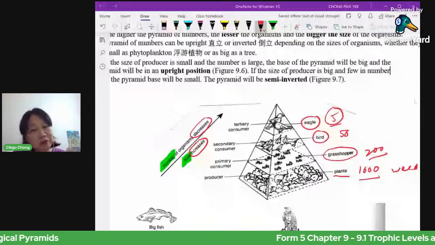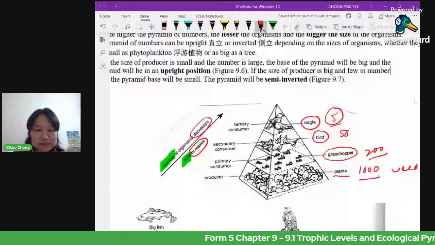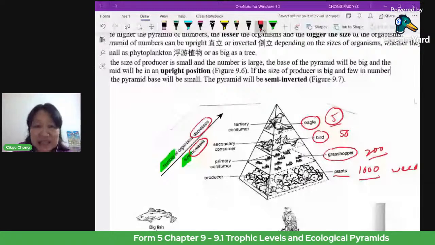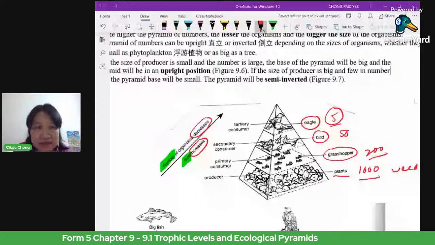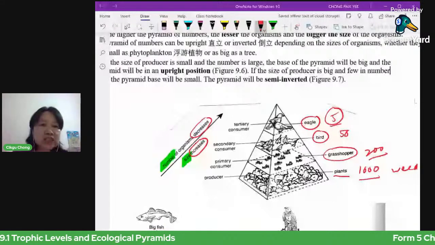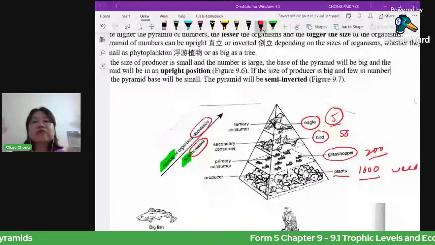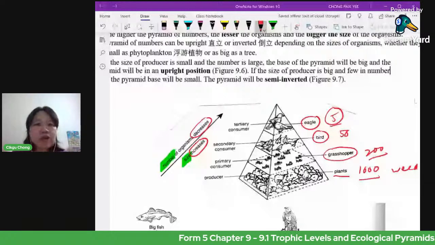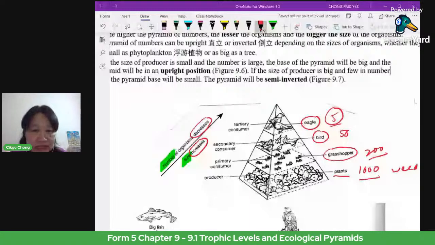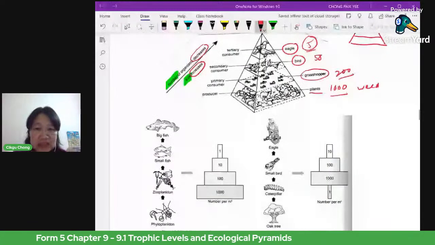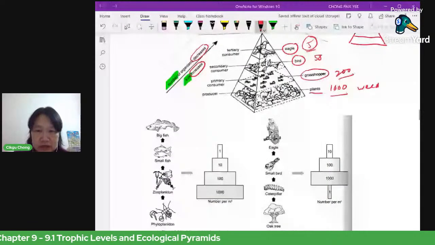So how does that happen? I'll show you an example. For example, you have the ladang there, and you have one big tree, maybe one tree only, or maybe a few trees, or maybe 5 trees. But these trees maybe have a lot of caterpillars. So you can see this example, it looks like a semi-inverted pyramid, not all the way inverted.